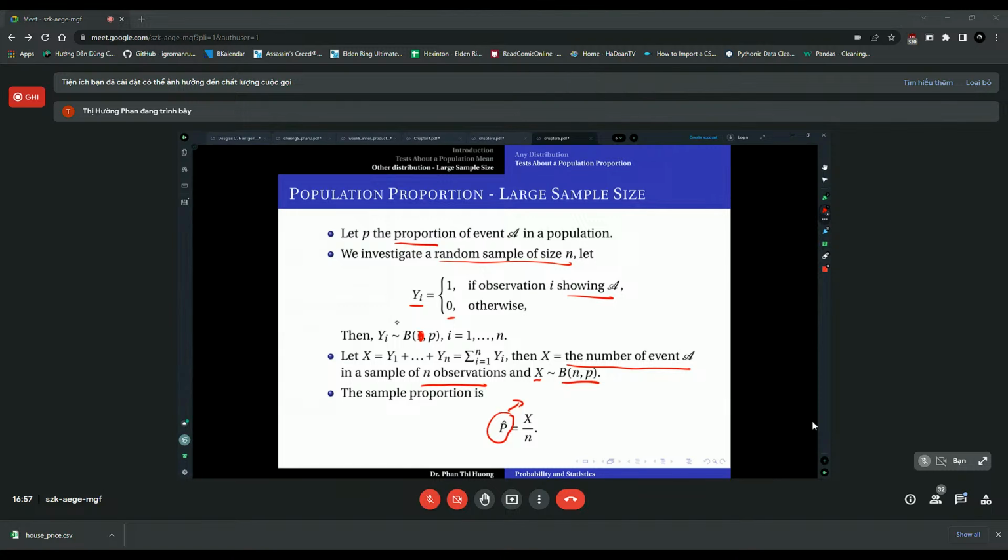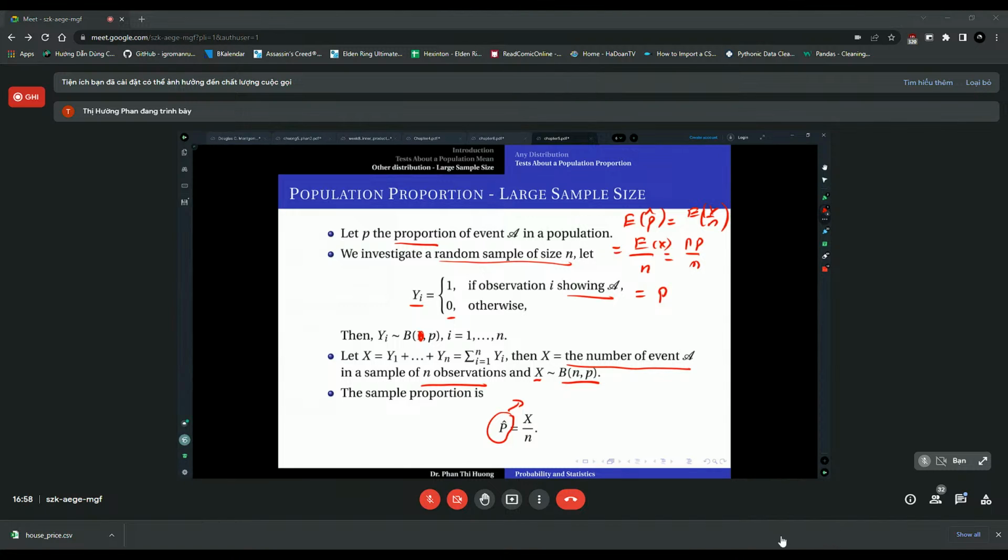Now, E of p hat equals E of S over n. Because we know that S follows a binomial distribution, the expected value of the binomial distribution equals np, and then over n. Hence, E of p hat equals p.